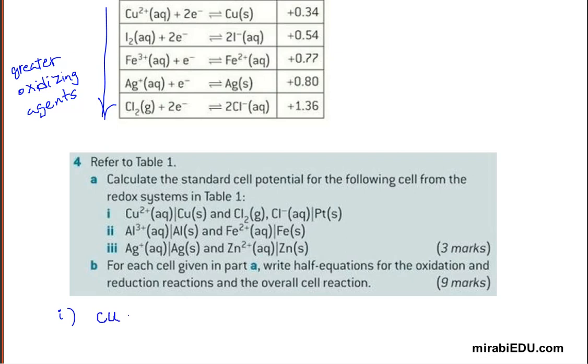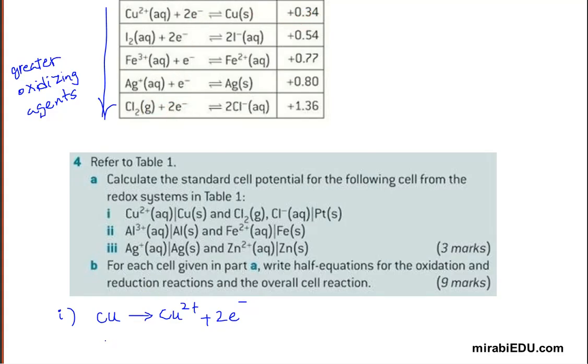So copper, as we talked about, will lose electrons and oxidize because its electrode potential is more negative here, or it is upper in this table, and chlorine will gain electrons.